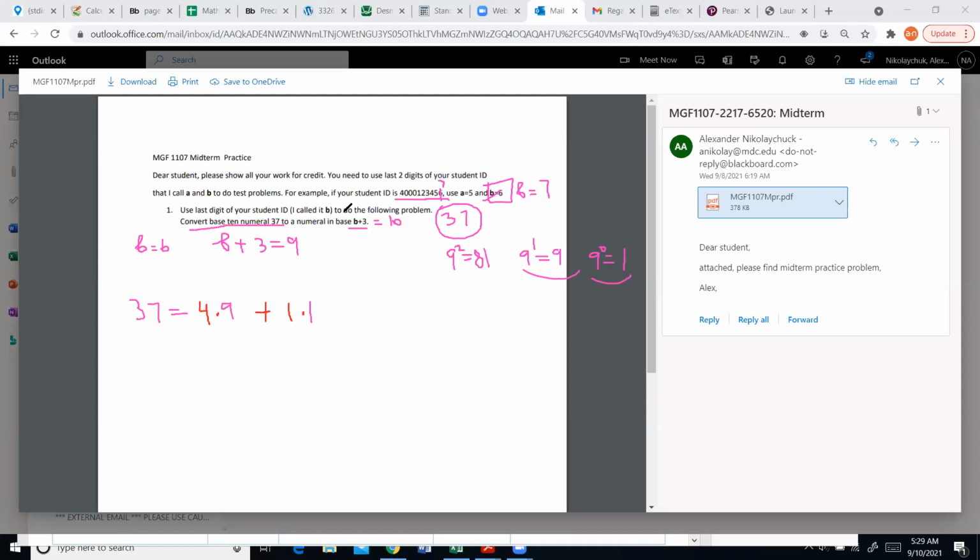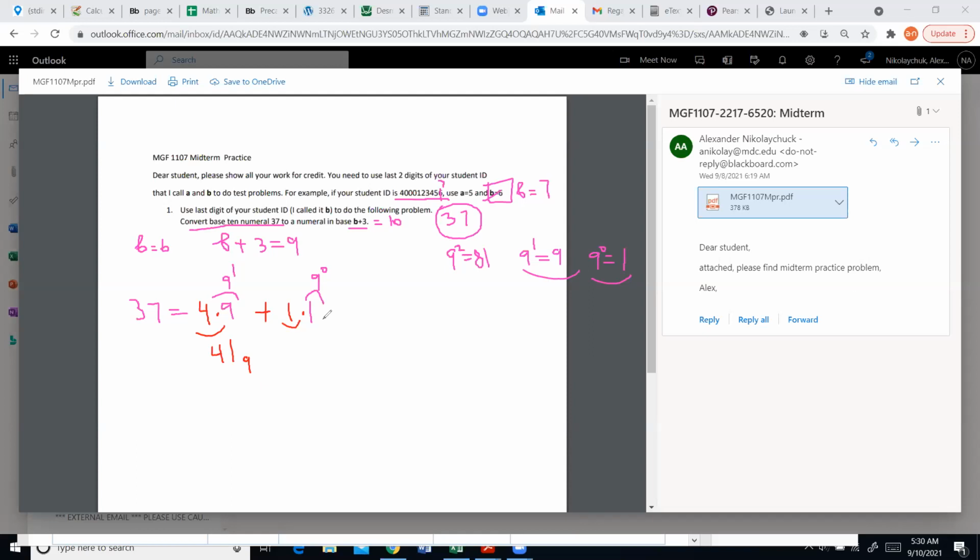My number will be written with powers of 9, 9 to the 0 and 9 to the 1. The digits we have produced are 4 and 1 in base 9. So 37 is 4, 1 in base 9.